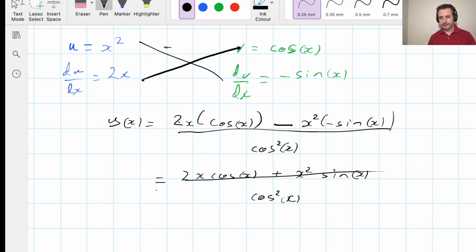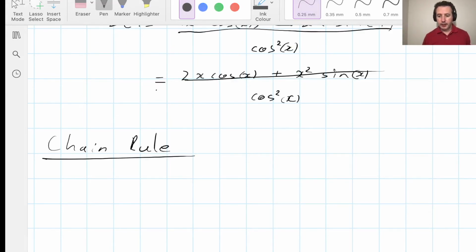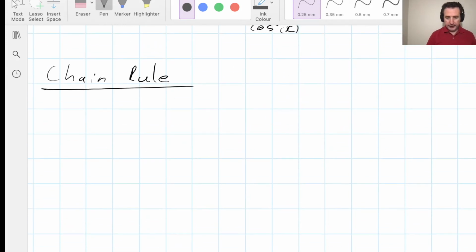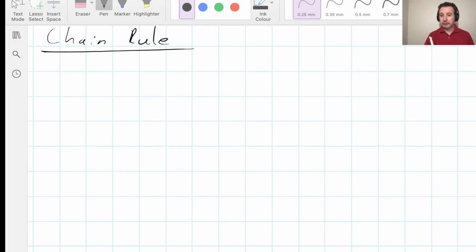So our next rule is the chain rule. The chain rule is to deal with functions that are embedded in other functions. And this happens a lot. You have a function in a function in a function.